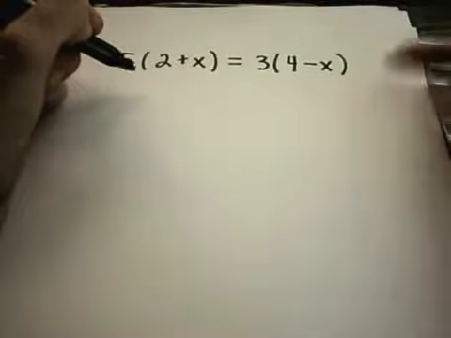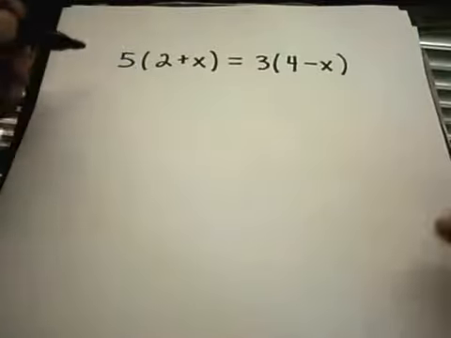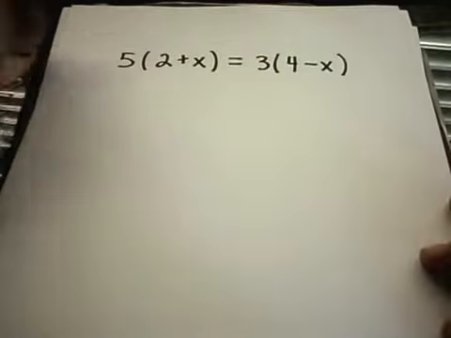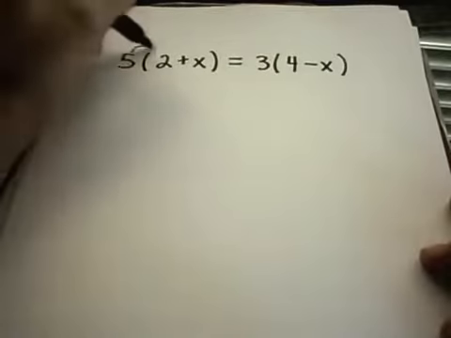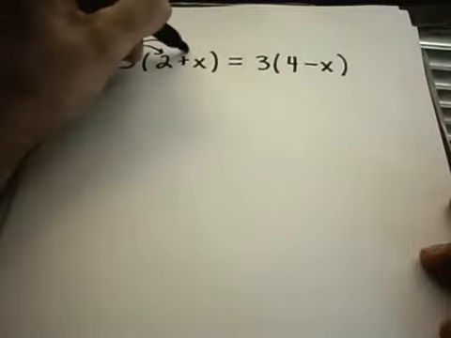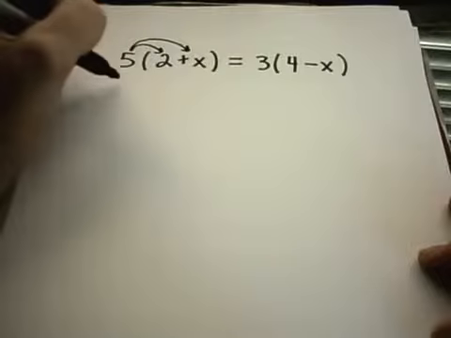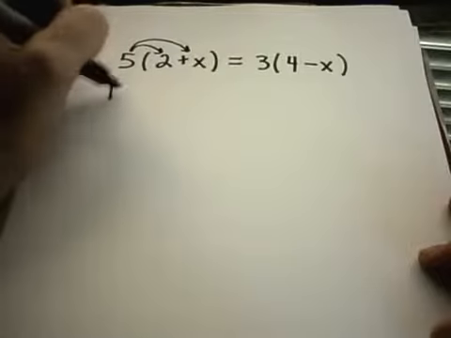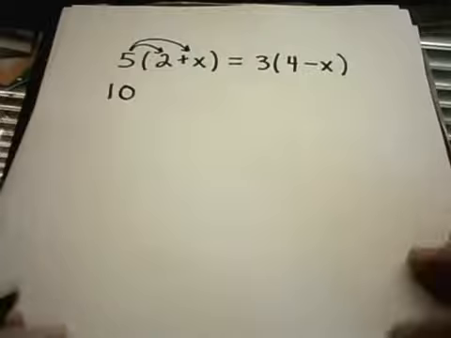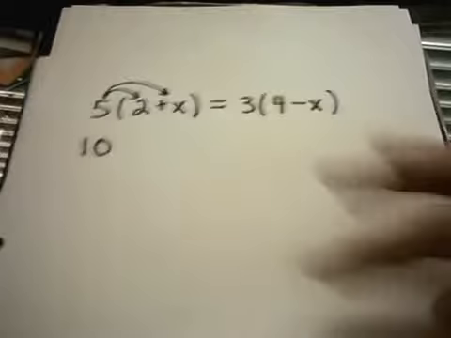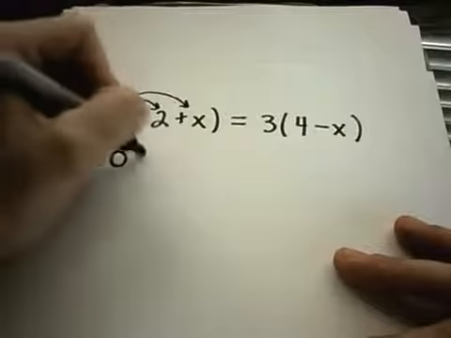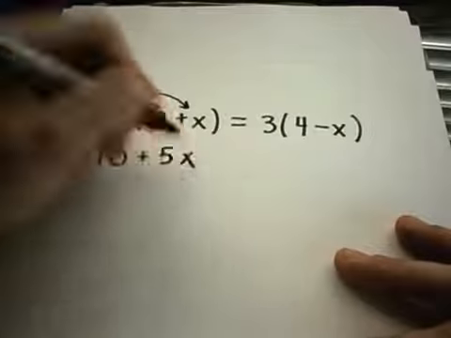So as a general rule, the first thing you'll do in these problems is get rid of the parentheses. So recall I've got to distribute 5 times 2, and then I'll take the 5 times the positive x. 5 times 2 is 10. And then 5 times positive x, well, I'll just get plus 5x.